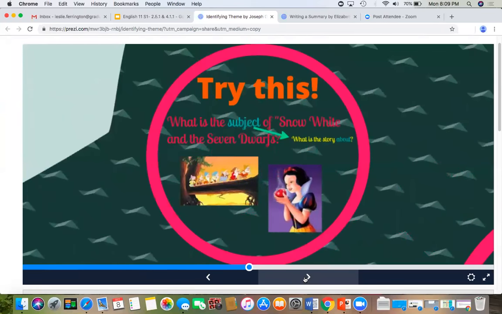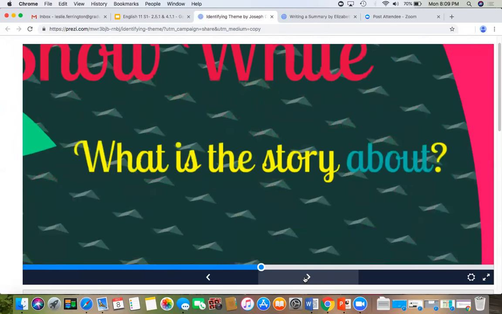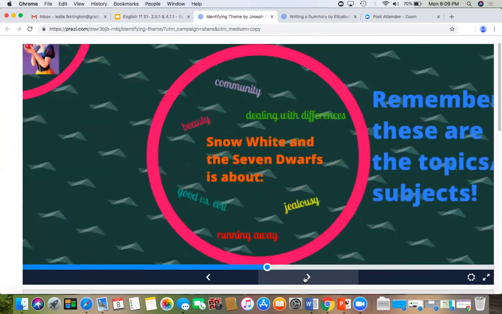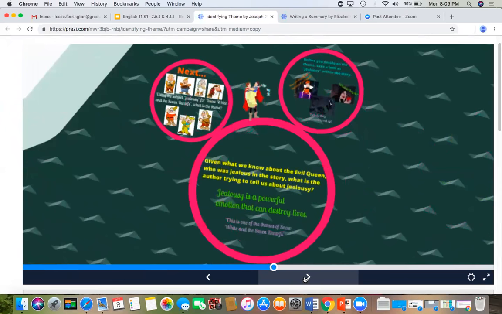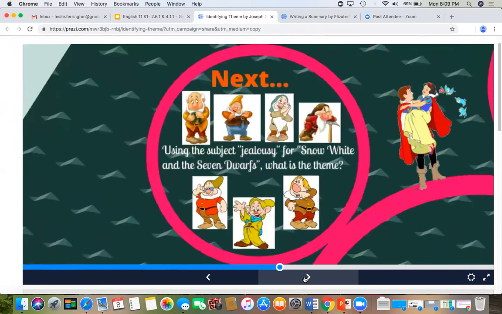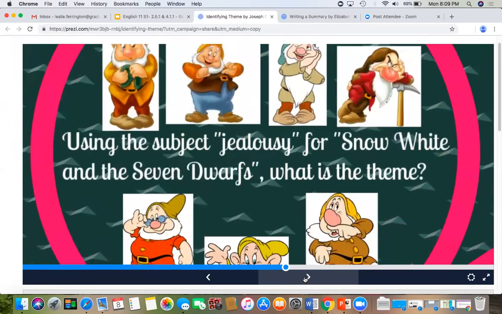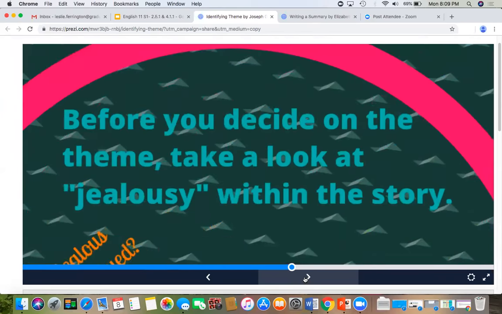So try this. What is the subject of Snow White and the Seven Dwarfs? So what is the story about? So they're showing you some different things, right? That the story's about. But then using the subject jealousy for Snow White and the Seven Dwarfs, what is the theme? Okay, so before you decide on the theme, you're going to take a look at jealousy within the story.